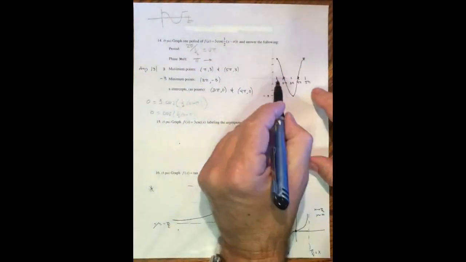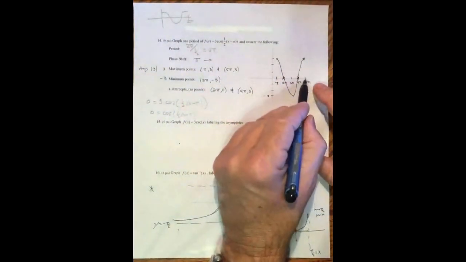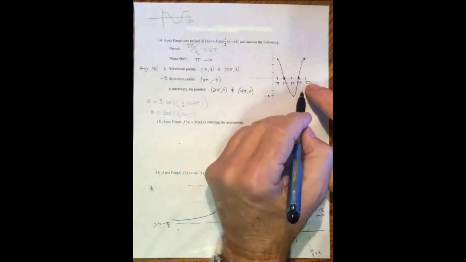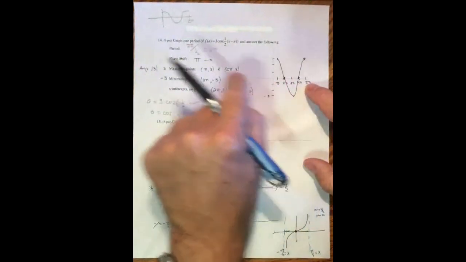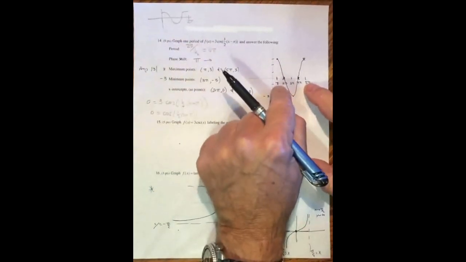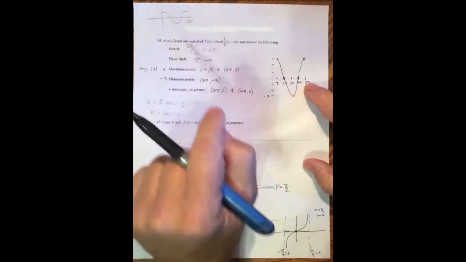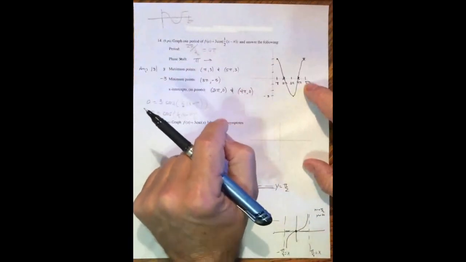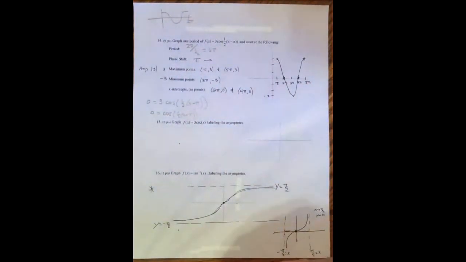Now notice that the curve starts at pi, the curve ends at 5 pi. Well, 5 pi minus pi is 4 pi, which matches this. See? Where it ends minus where it begins is the period. Okay? Notice I get the phase shift.